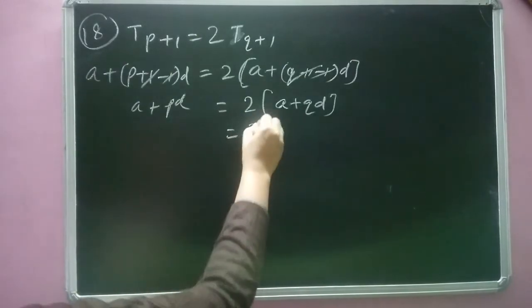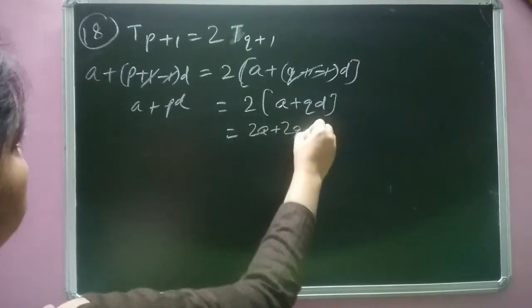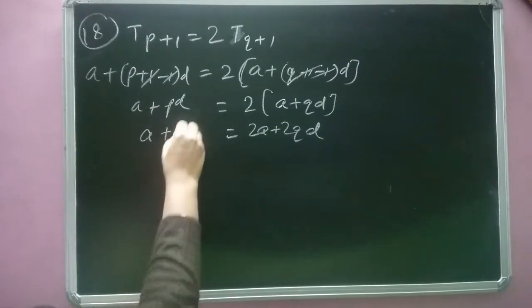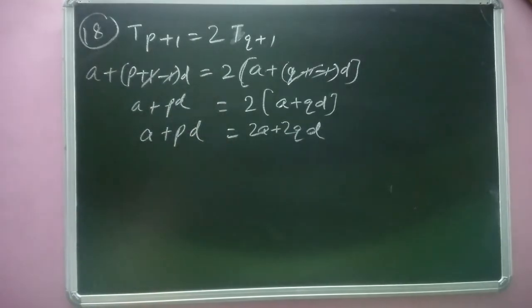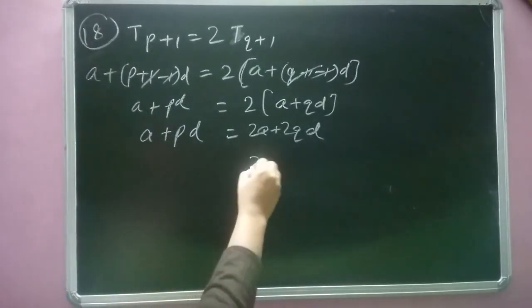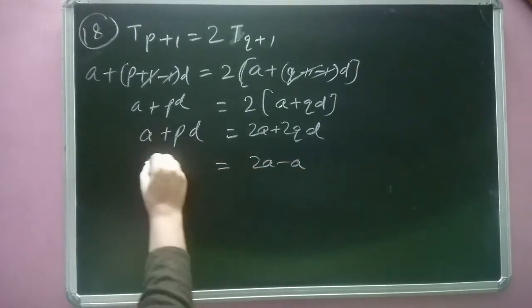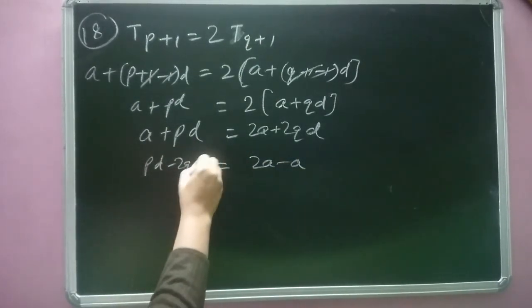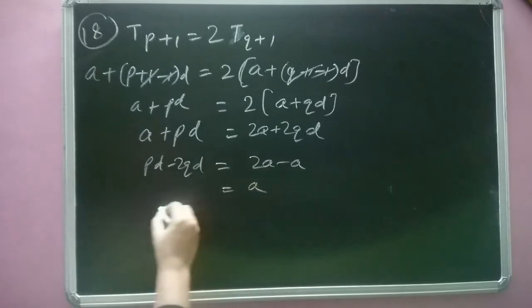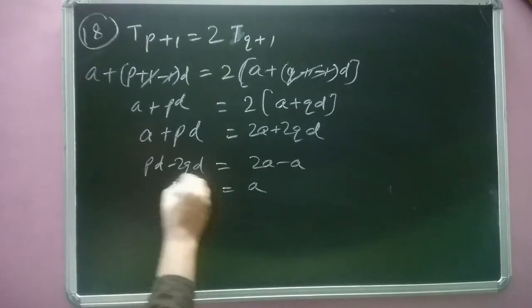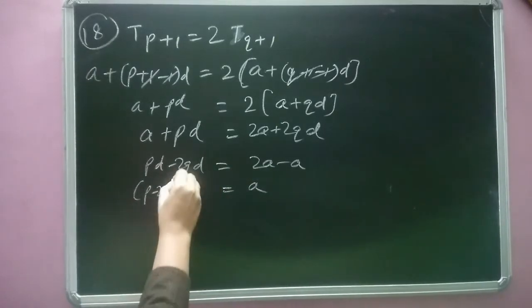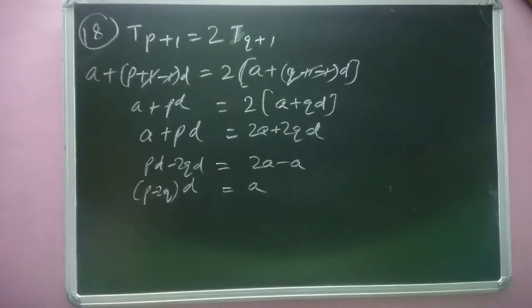So simplify it. 2a plus 2qd equals a plus pd. Take the a's on one side. 2a minus a equals pd minus 2qd. This becomes a equals d common (p minus 2q). So we have got the value of a equals d into (p minus 2q).